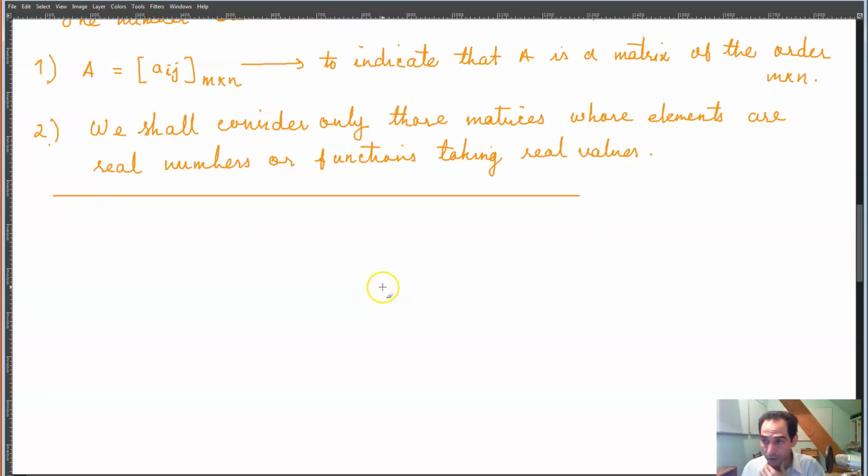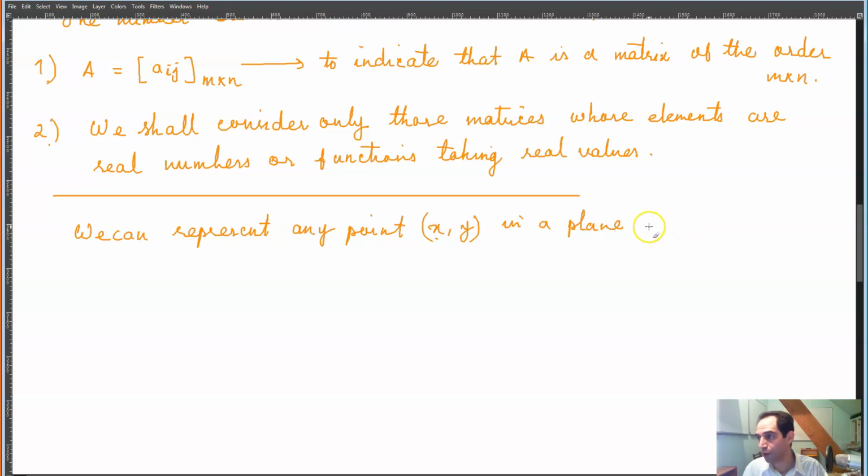So that is one thing, and then we can also express any point. This is basically related to representing points in a plane using the notation of matrices. So we can basically represent any point x comma y in a plane by a matrix.